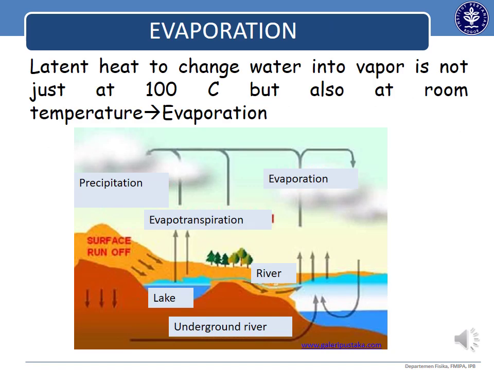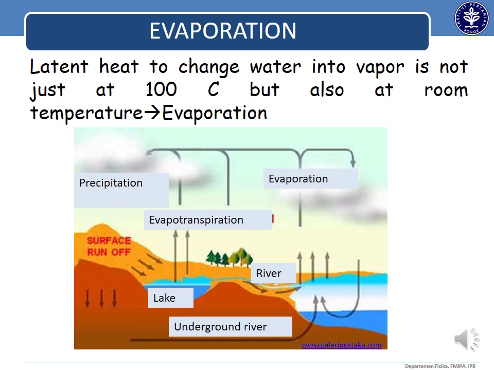The latent heat to change water into vapor is not just at 100 degrees Celsius, but also at room temperature. This process is called evaporation. Evaporation happens in our daily lives.